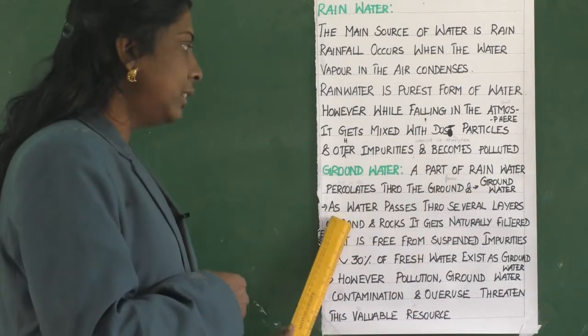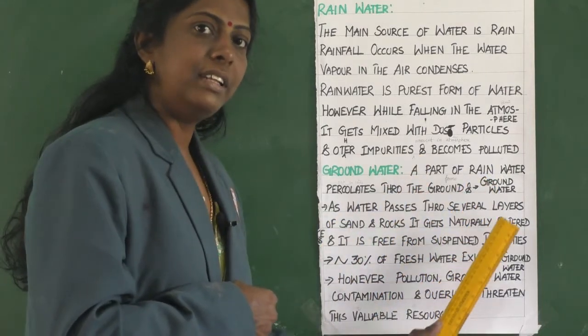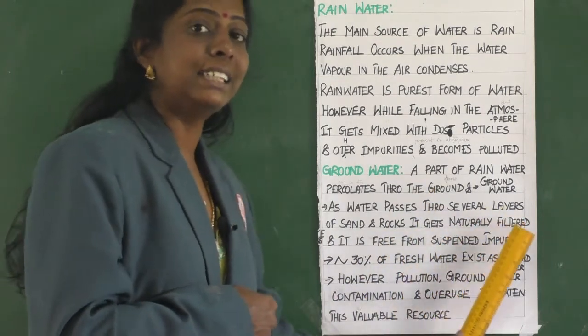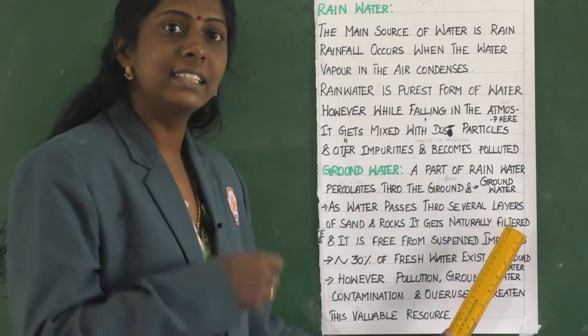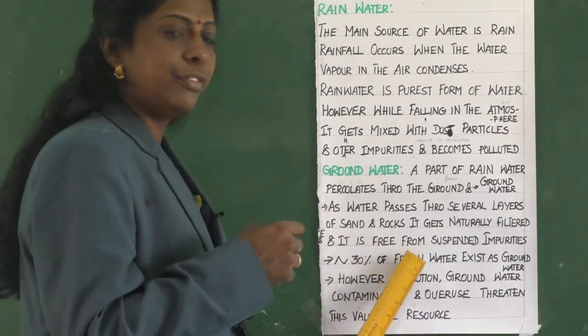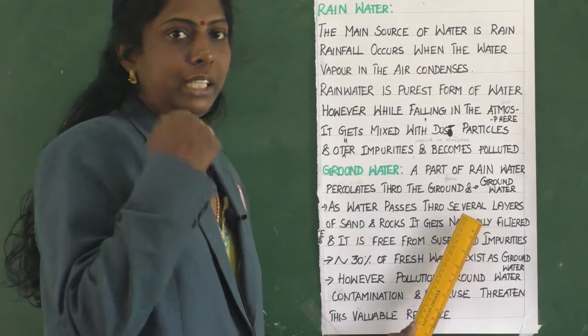Clear? As water passes through several layers of sand and rocks, it gets naturally filtered, and it is free from suspended impurities.